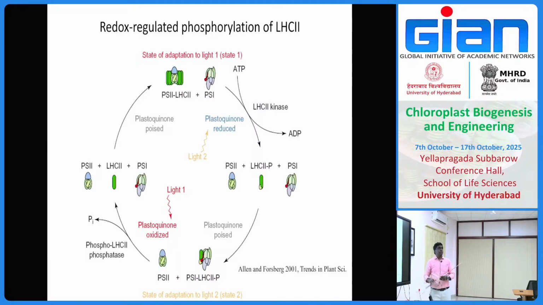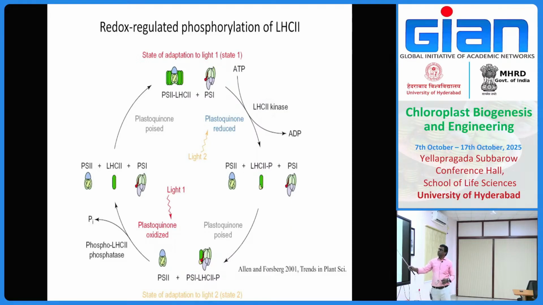Oxidized, reduced. When it is getting reduced, through the LHC2 kinase, it gets phosphorylated. You see, ATP will become ADP. That means one of the phosphate groups of the triphosphate is going to attach here, leaving diphosphate. That is the light harvesting kinase.